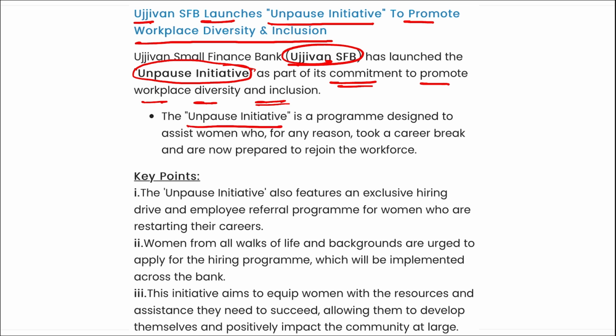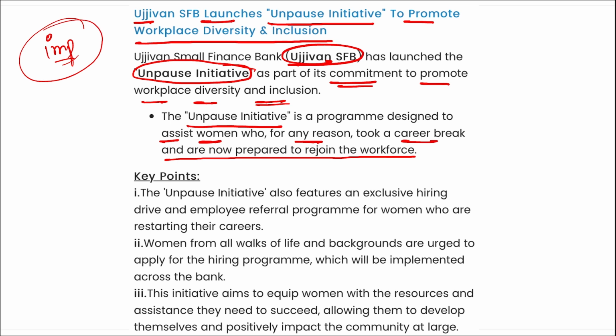The Unpause initiative is a program designed to assist women who, for any reason, took a career break and are now prepared to rejoin the workforce. And this is important. Remember, this Unpause initiative was launched by Ujjivan Small Finance Bank to help all those women who took a career break and are now prepared to rejoin the workforce. Important, take a note.